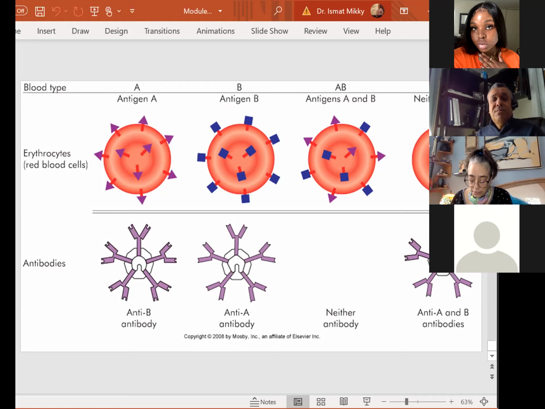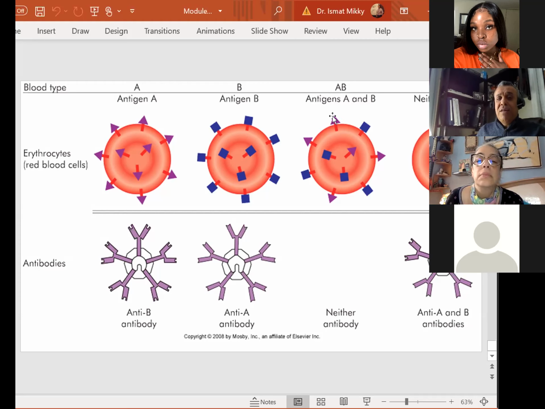Okay. Right? Remember the presence of, so this is the patient. Let's just focus on one patient. That would make more sense. If we focus on this patient, this is what we have in their blood. We have anti-B antibody. And the anti-B, this is the immunoglobulin, is going to react to the antigen.